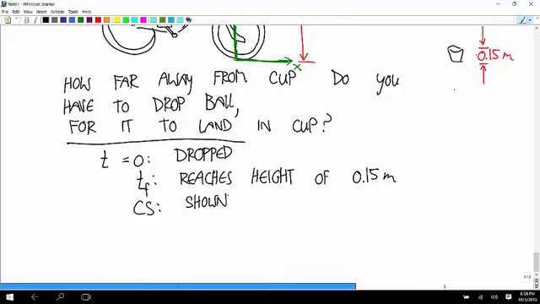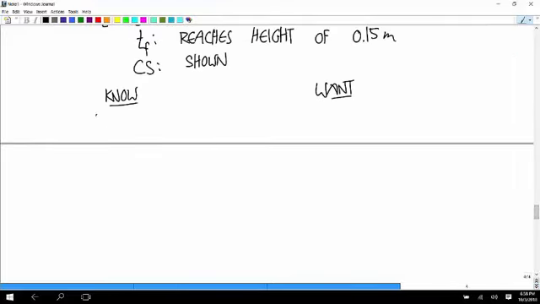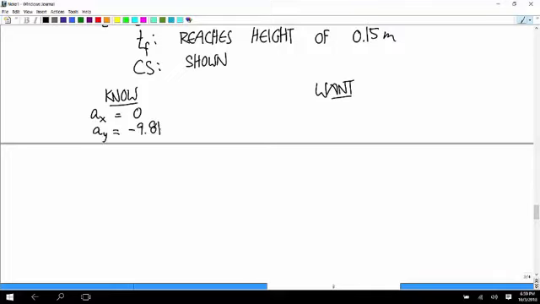Oh, excuse me. So now we have to list out what we know and what we want. Do we know the amount of time that it's going to take for the ball to land in the cup? No. If we can do it without calculating that, that's fine. So I'll leave it out for now. Acceleration is 0 for x and negative 9.81 for y.